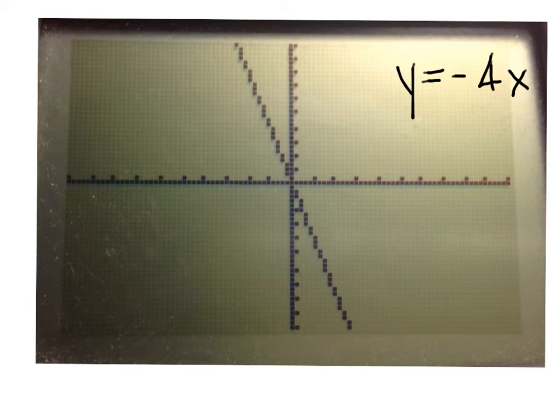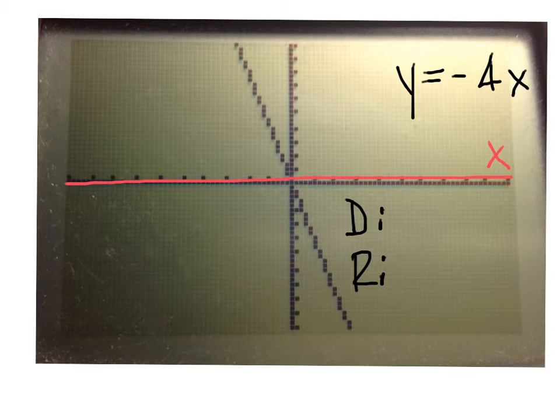Your job right now is to figure out the domain and the range. The domain will be the x values. Here is the x-axis, left to right. Are there any restrictions on this x-axis? Is there anything that x cannot be equal to in this function, y equals -4x? Can I plug in a -10 and find a point on that line that matches up with -10?